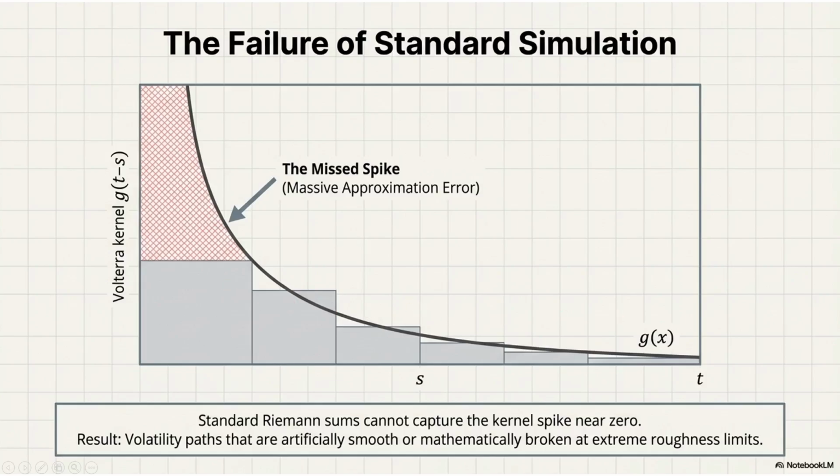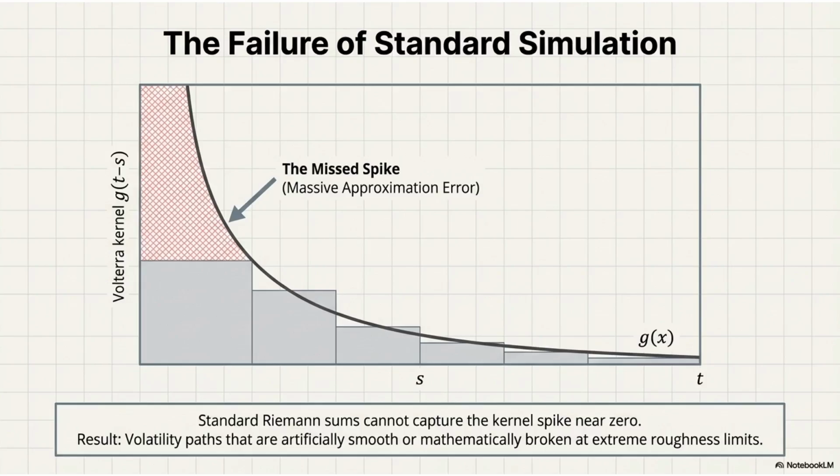So normally to simulate the paths, we chop them into small flat steps, like the standard Riemann sum. But look at what happens when we apply flat rectangular steps to our rough memory kernel. The kernel spikes to infinity near the present moment zero.